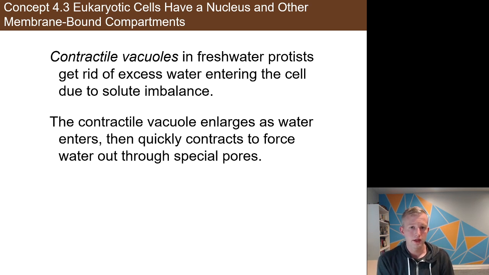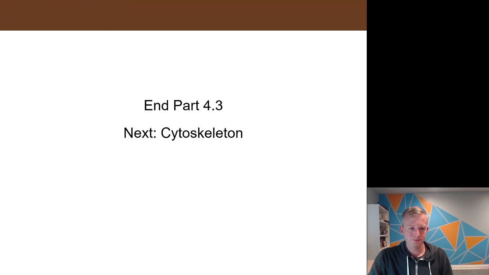You'll see a ton of really cool things that'll also make you feel really not okay with swimming in a pond. But they have contractile vacuoles where they can actually shoot out water in order to balance their own salts and solutes inside of them, which is cool, but also produces a whole lot of force. So they can actually produce some movement through that as well.